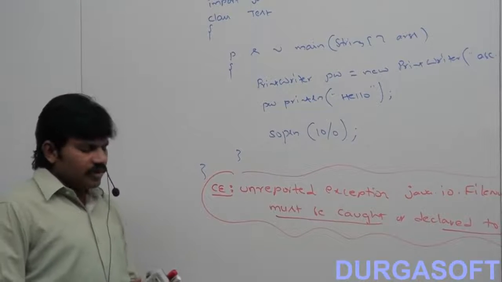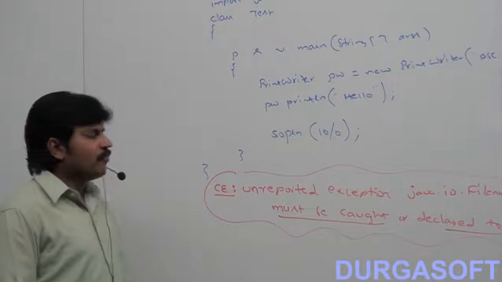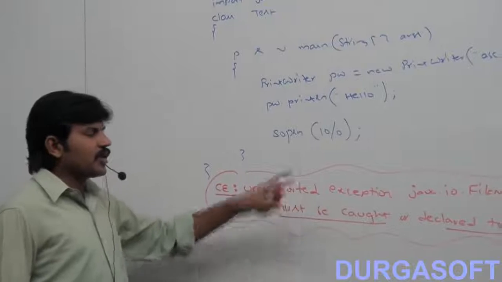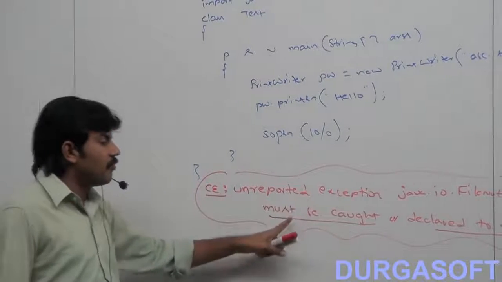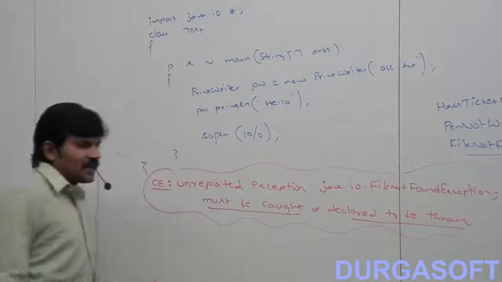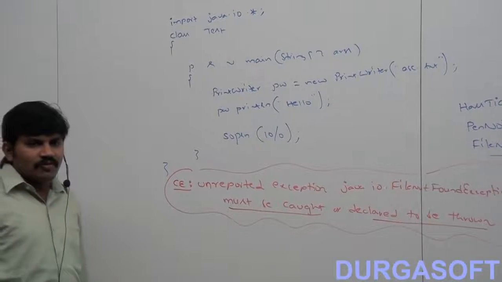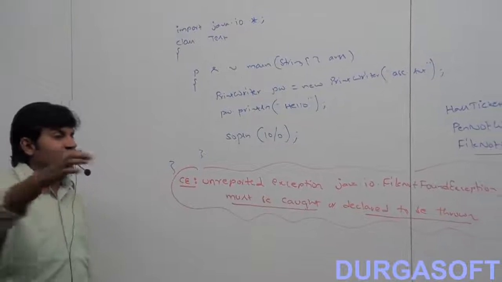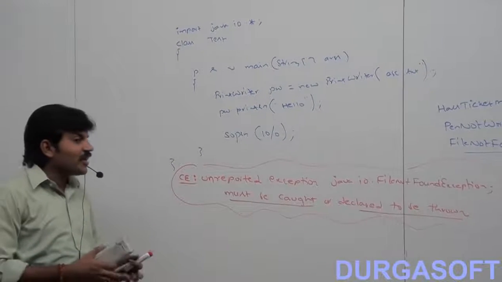But most people, seeing this line, "unreported exception FileNotFoundException; must be caught or declared to be thrown," at compile time, get confused and think checked exceptions occur at compile time and unchecked exceptions at runtime.